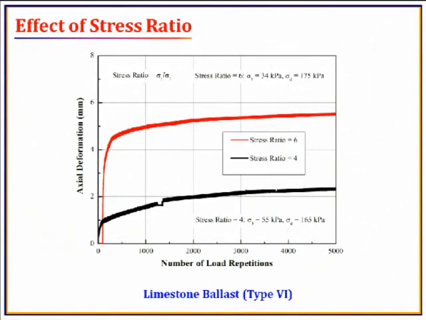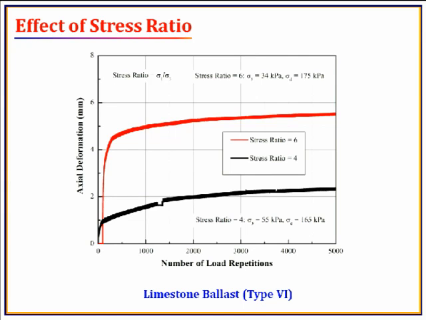Here we can show you the effect of stress ratio. We have tested the limestone materials with two different stress ratios, stress ratio 4 and 6. When you increase the stress ratio from 4 to 6, there is a significant increase in the axial deformation.